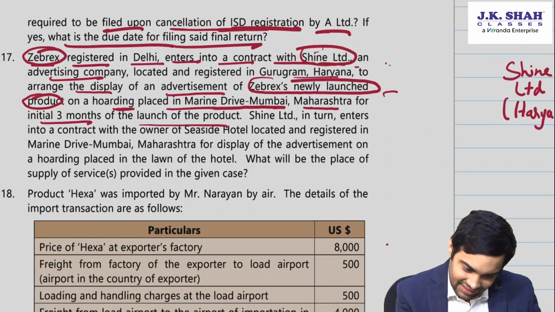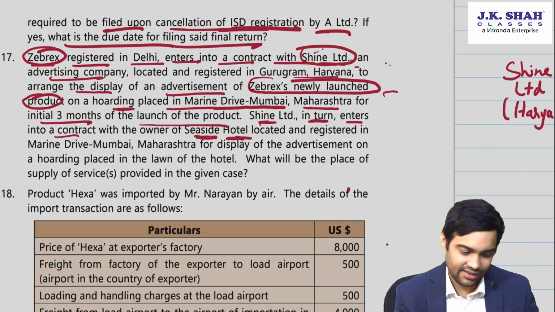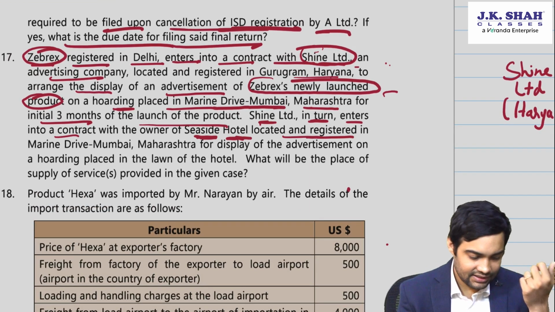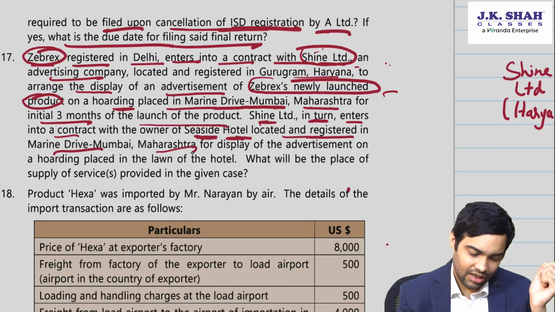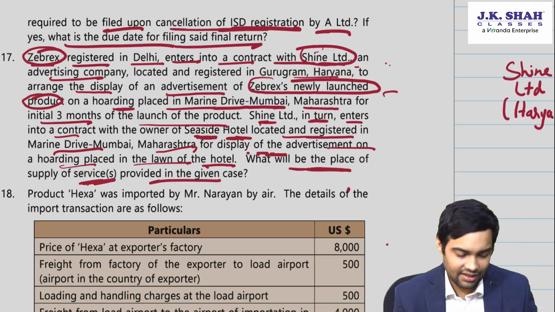Okay. Shine Limited in turn enters into a contract with owner of Seaside Hotel located and registered in Marine Drive, Mumbai, Maharashtra for display of advertisement on hoarding placed in the lawn of the hotel. What will be the place of supply of services provided in the given case?